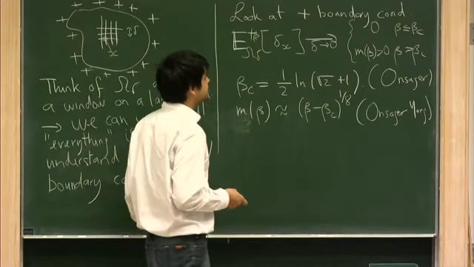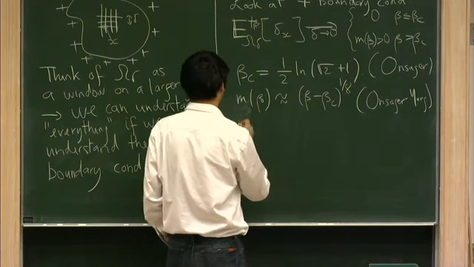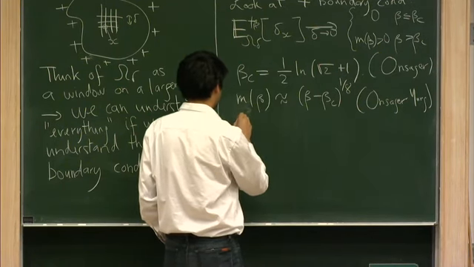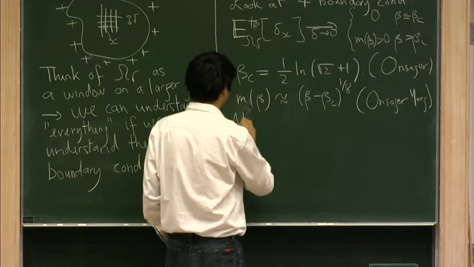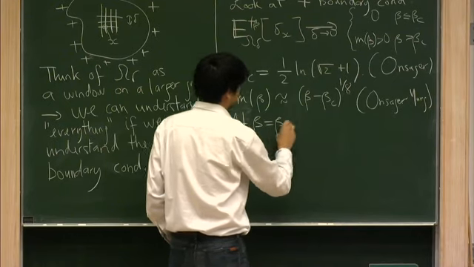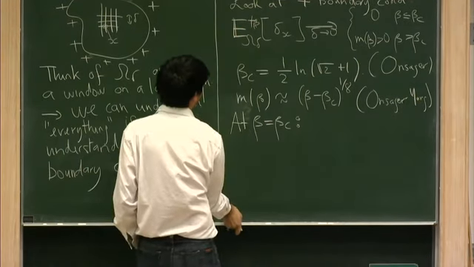If I want to cite a recent result about this question, I can cite my result with Dmitry Chelkak and Konstantin Izyurov. At beta equals beta critical, what do we have?